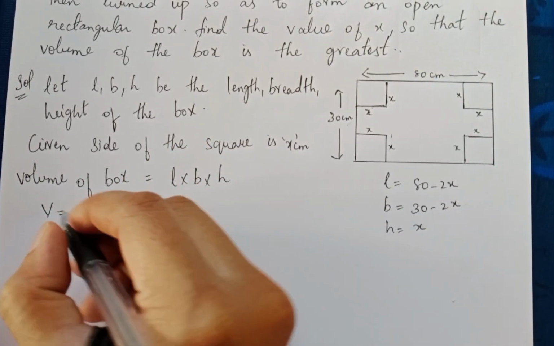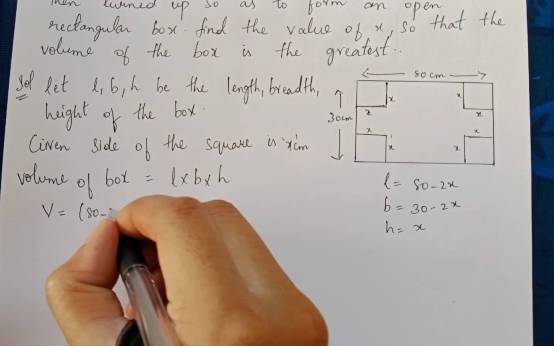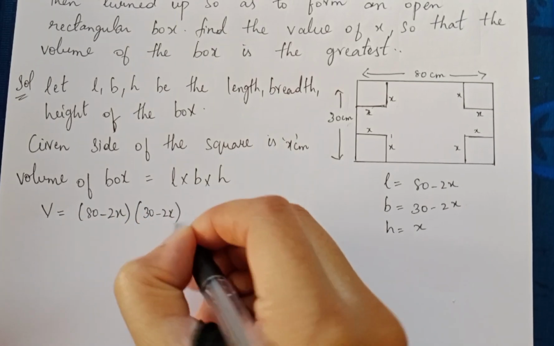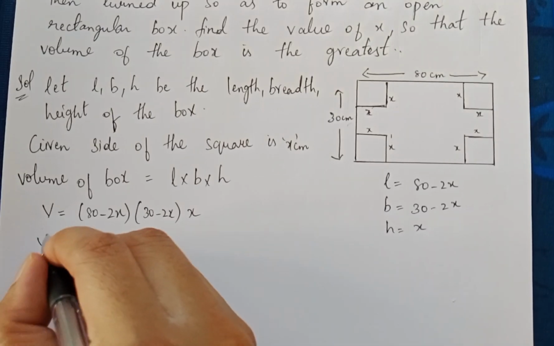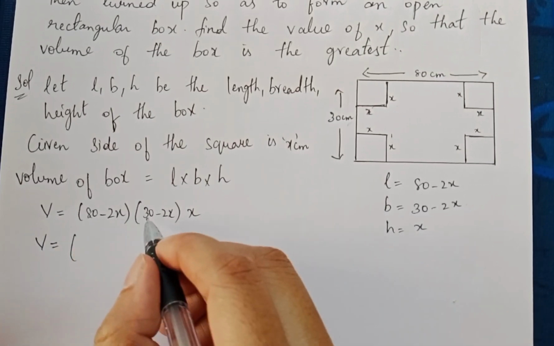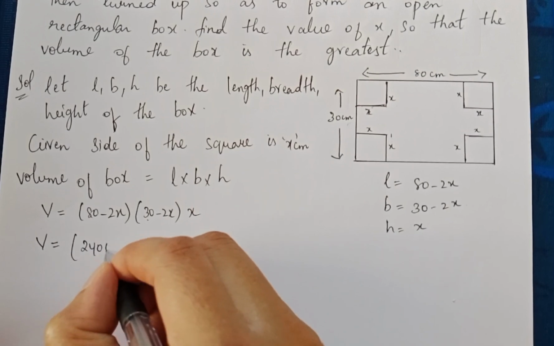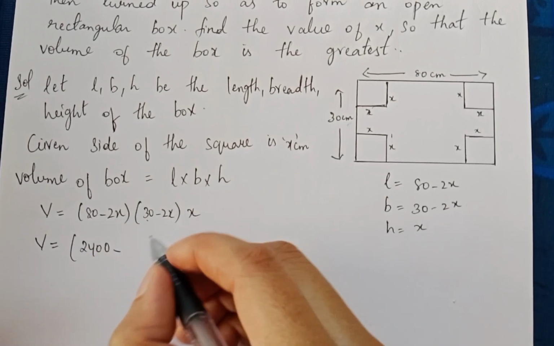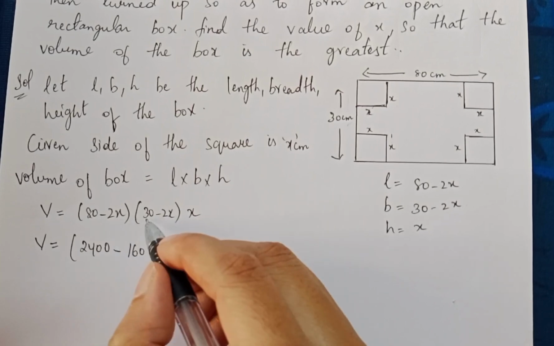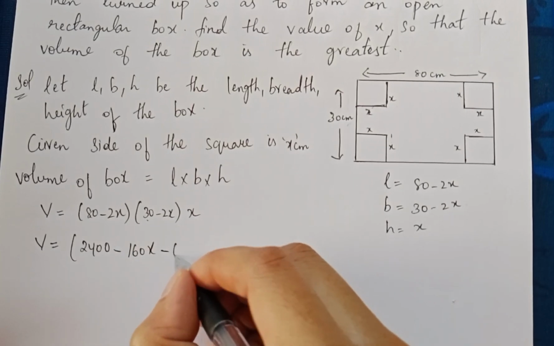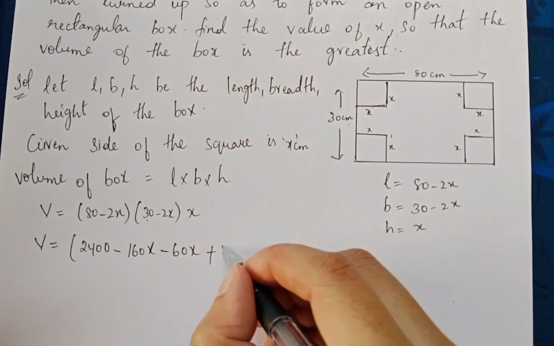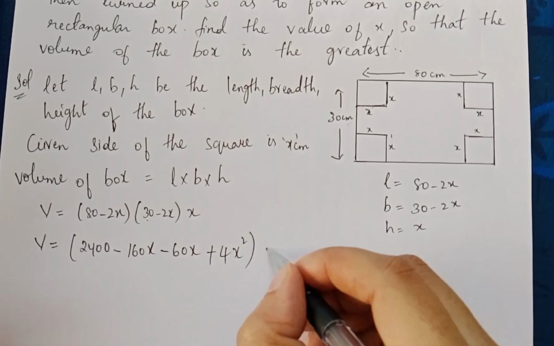So V is equal to, the value of length is 80 minus 2x, into the breadth 30 minus 2x, into the height x. Volume is equal to, multiplying this, 80 into 30 is 2400, minus 80 into 2x is 160x, minus 2 into 30 is minus 60x, minus of minus is plus, 2x into 2x is 4x square, into x.